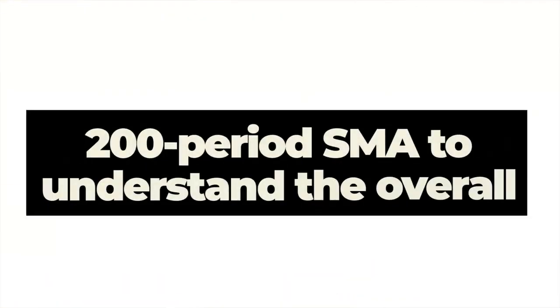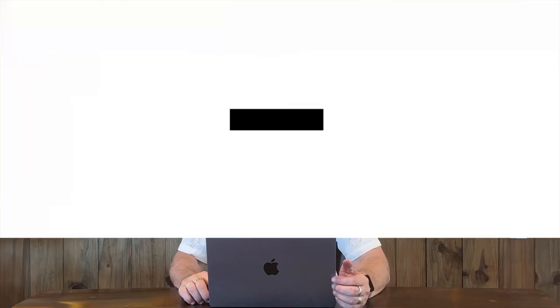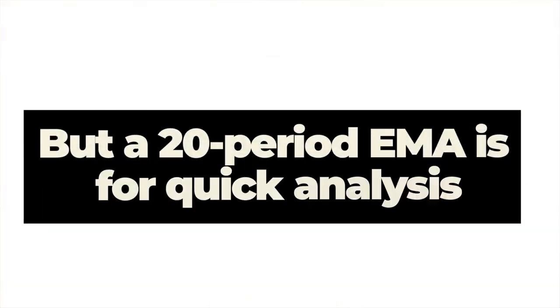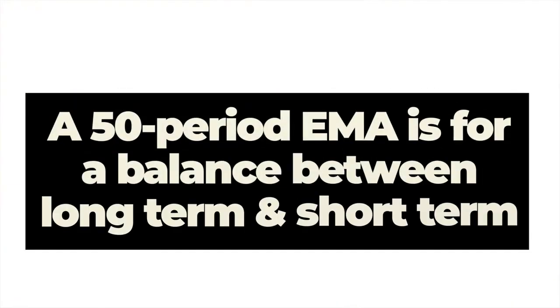Many analysts use a 200-period SMA to understand the overall market direction. It's a kind of background that long-term investors orient themselves by. But a 20-period EMA is used for quick analysis of current intraday situations. A 50-period EMA is often chosen as a compromise; it helps balance between long-term stability and short-term changes.